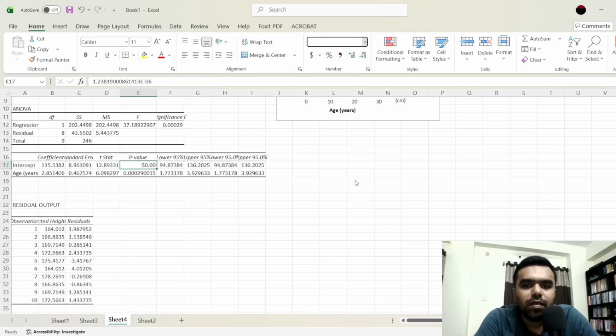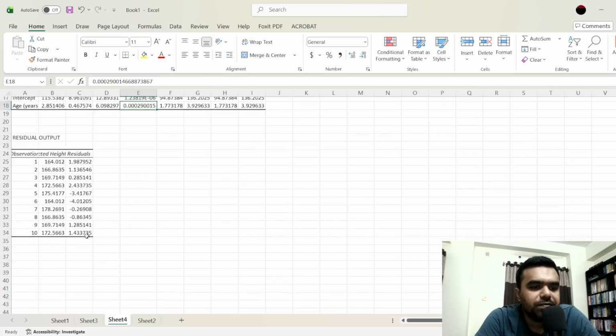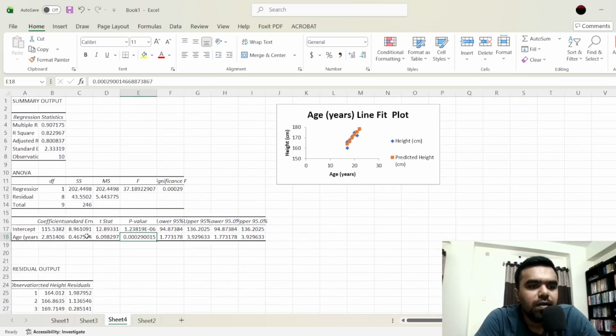So there is no decimal. After the decimal point, there will be two decimal points. The p value is given here, this one, and lower 90%, upper 90%. The residuals we get there. So we get the ANOVA and regression summary, and we can write the equation here.